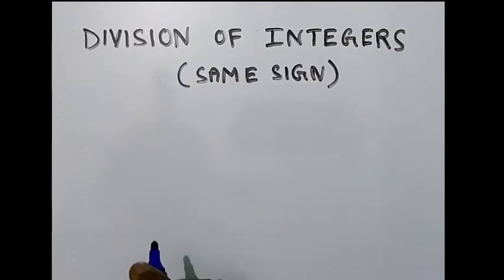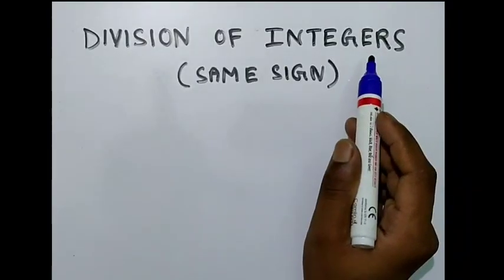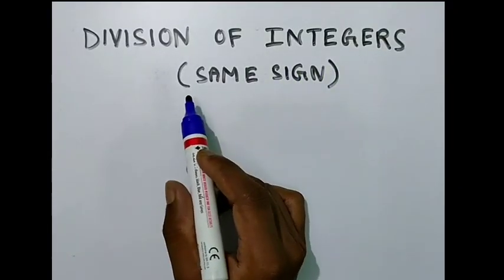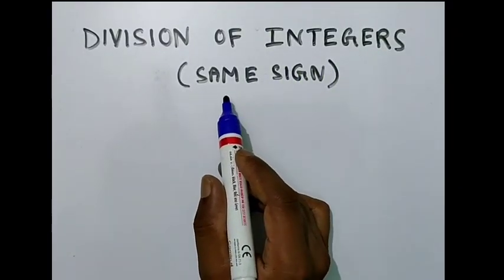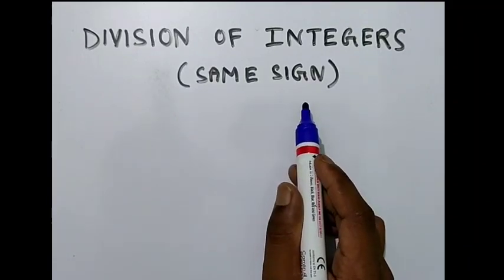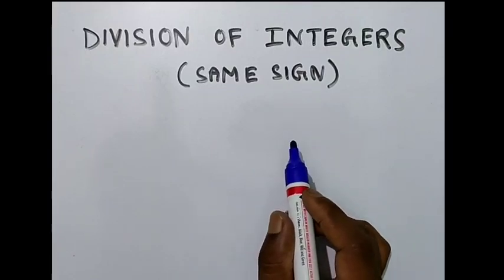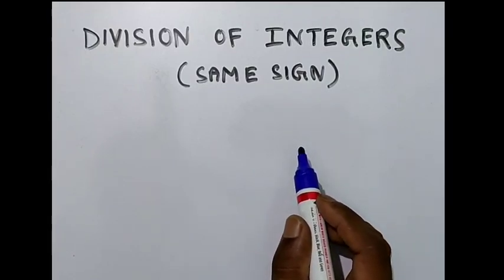Now let's learn about division of integers. First, we will see what happens when we divide integers that have the same sign. So what will happen when we divide two integers having the same sign?